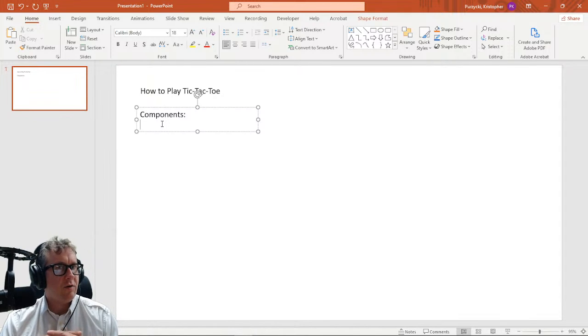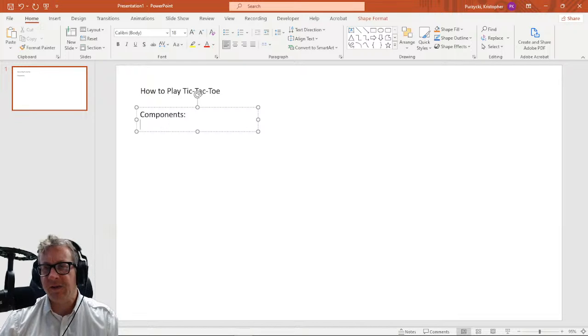For tic tac toe, my limit is going to be the players themselves. I'm not going to worry too much about where the players are situated, where they're playing. I'm really focusing mostly on the game and the form of input that's needed to play the game or engage in the system, right?